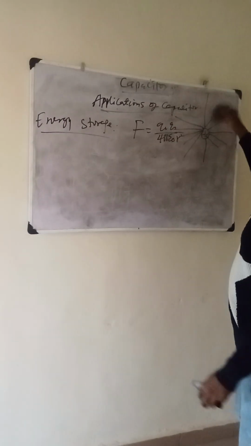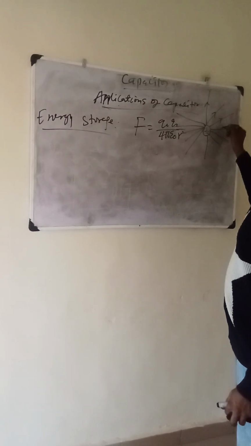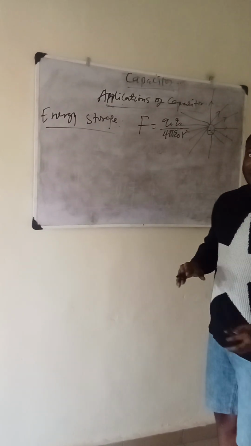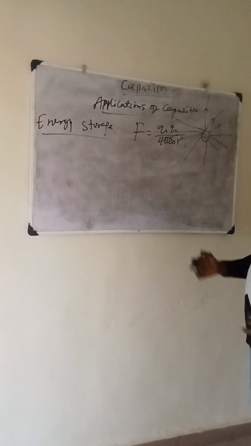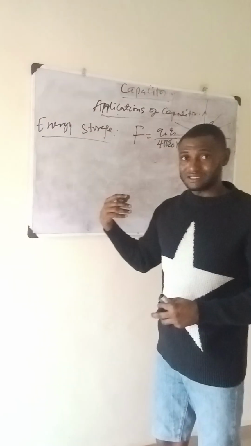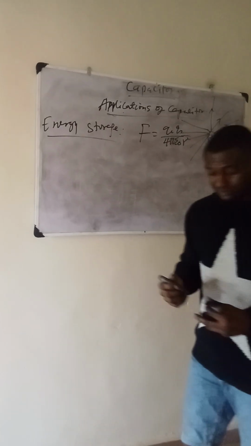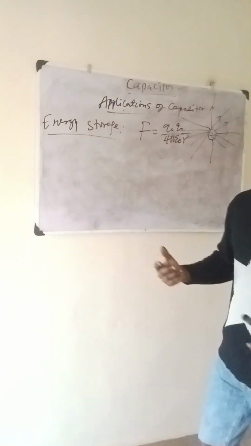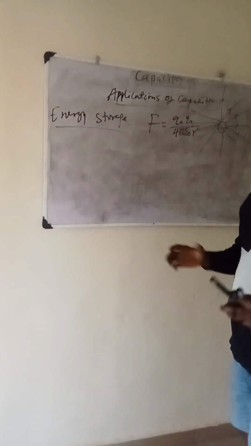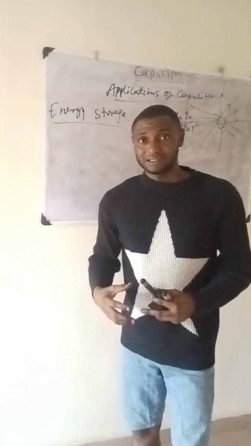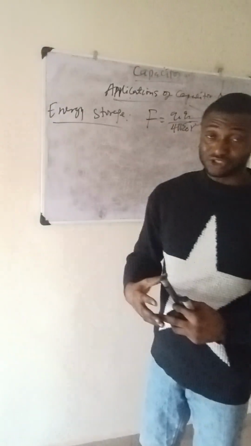So these lines of force radiating outwardly can be collected, and this field, which is a region where this influence is experienced, can be used to do work. It can be constructive work or destructive work. And that's what happens when we have what we call a repulsive force and a force of attraction.